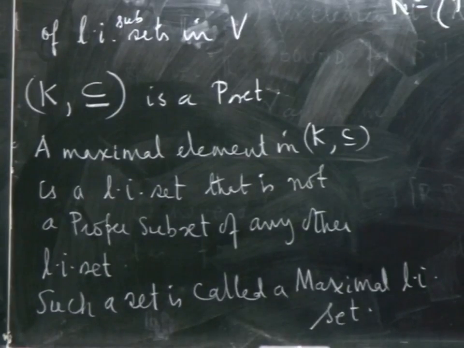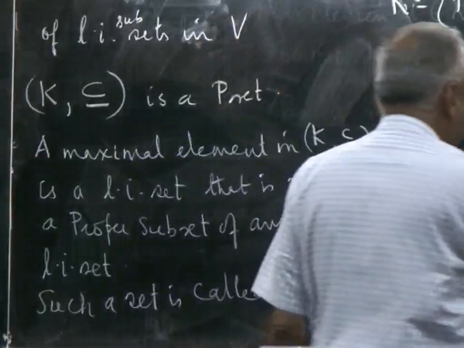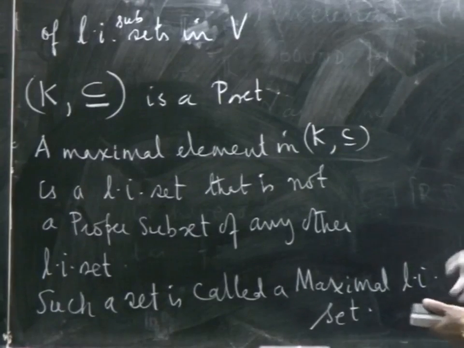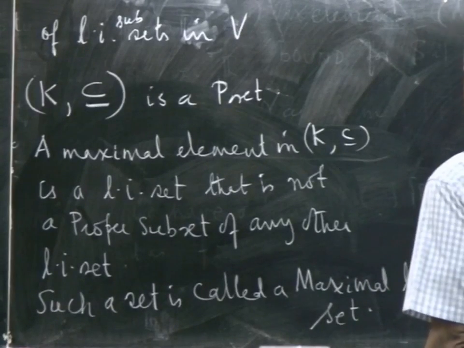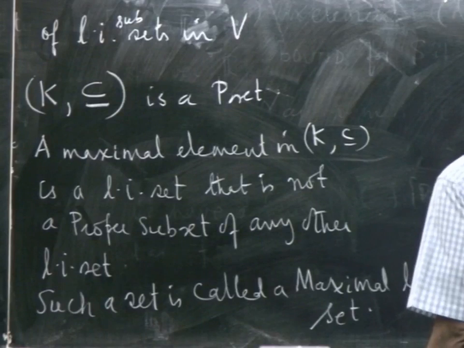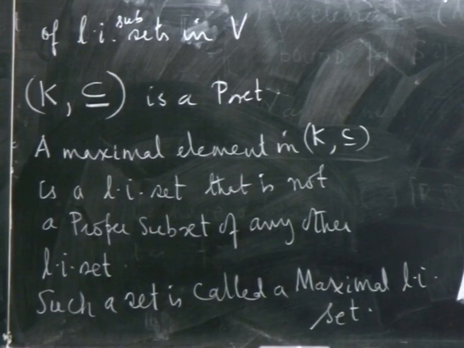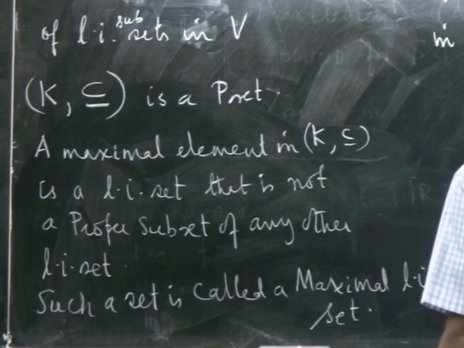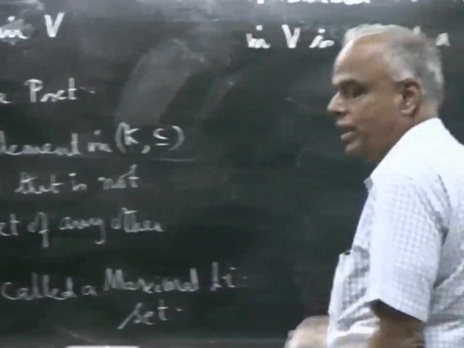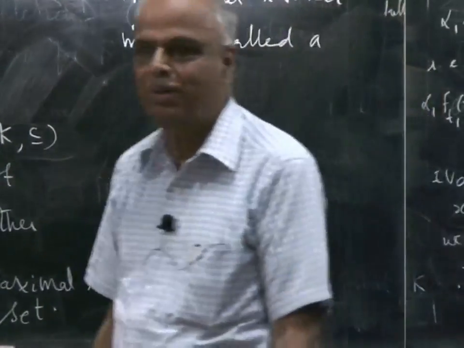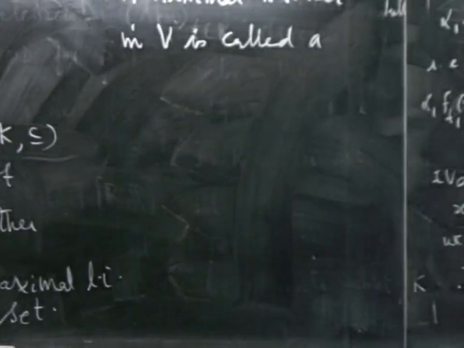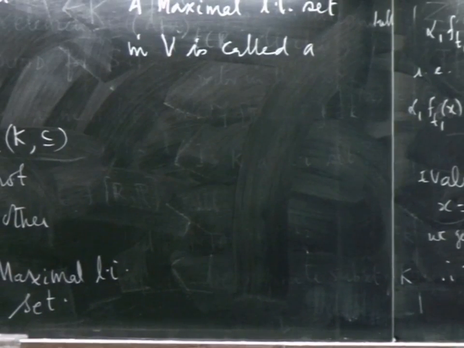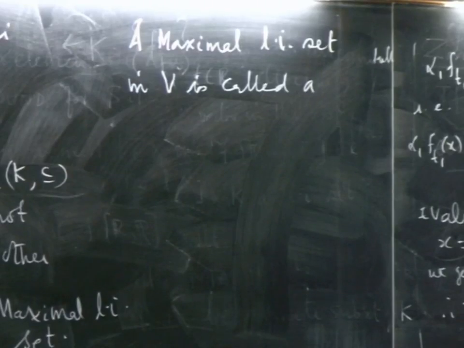Such a maximal linearly independent set in V is called, I would have said a basis if I was teaching a linear algebra course, but since I am about to start a functional analysis course, I will call it a Hamel basis.